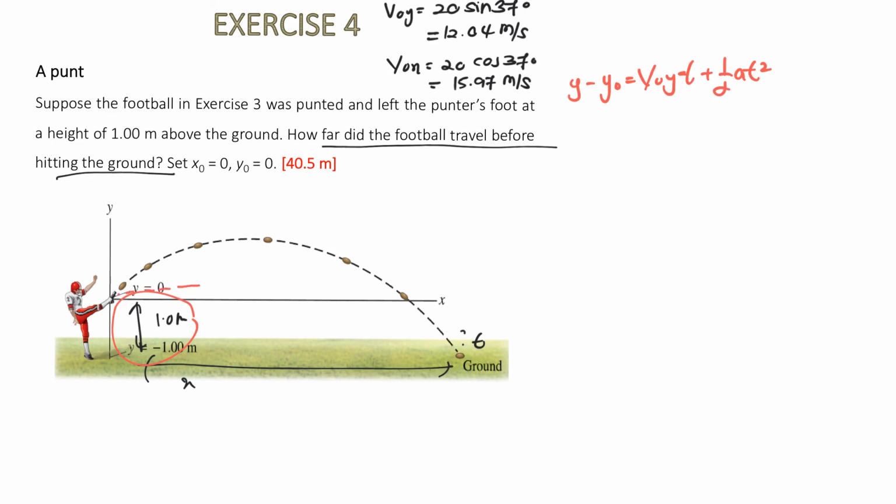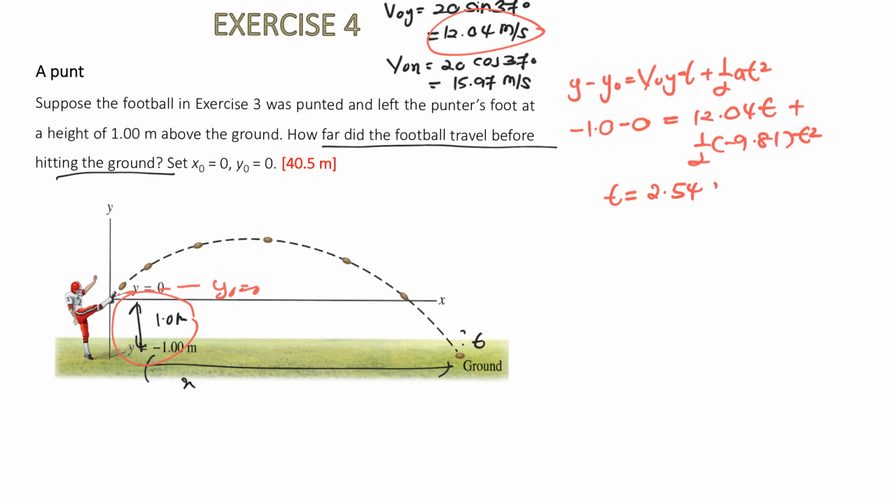My reference point is at the moment he kicked the ball, so y is going to be negative 1.0, and v naught y is 12.04 t plus 1 over 2 times negative 9.81 t squared. You are going to get a quadratic, and your time will be 2.54 seconds.